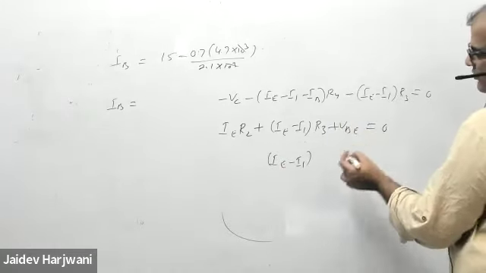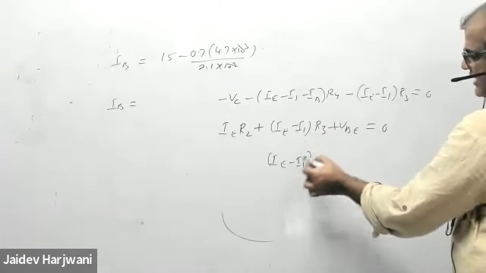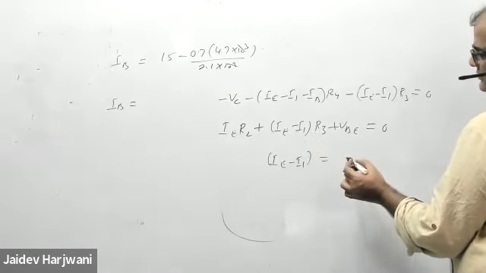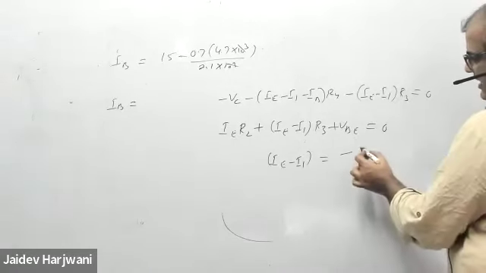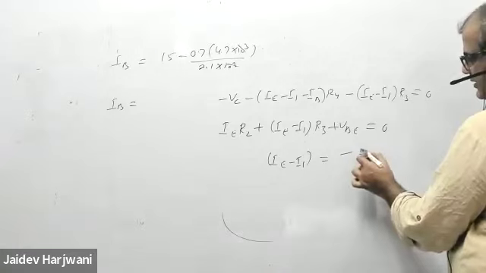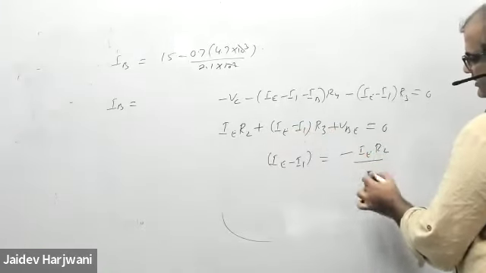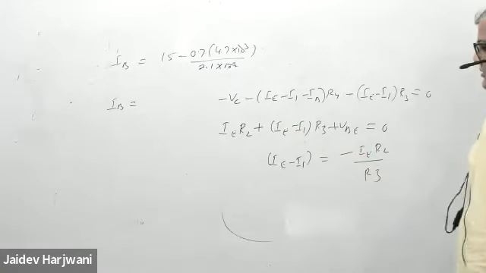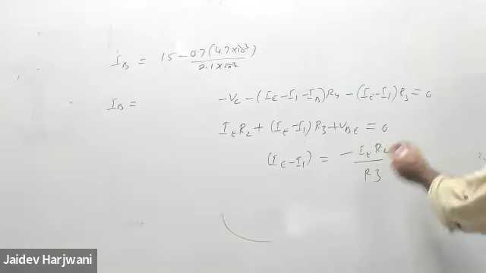If VB is 0, then I minus I1 will be minus of IE R2 upon R3. You can use this if you don't want to use VB. Or for accuracy, you can put minus VB here.